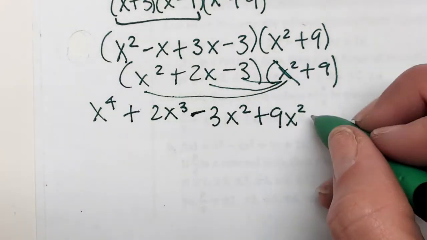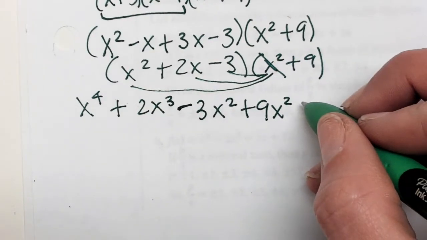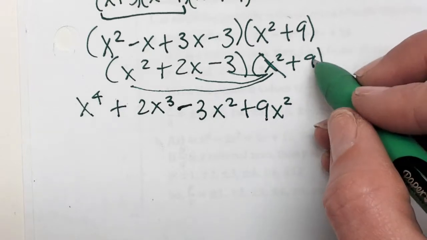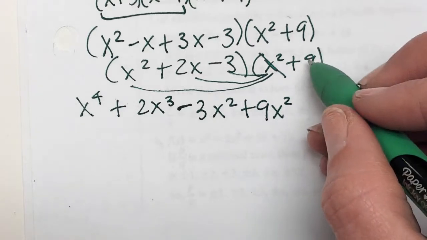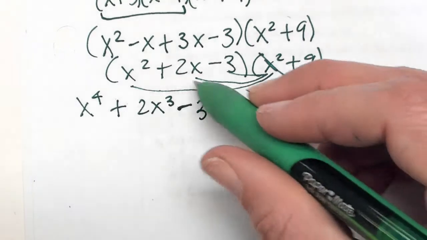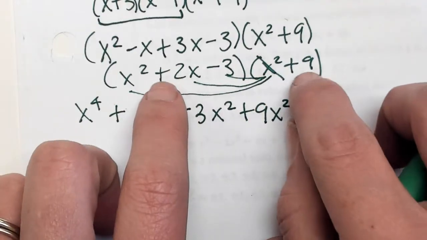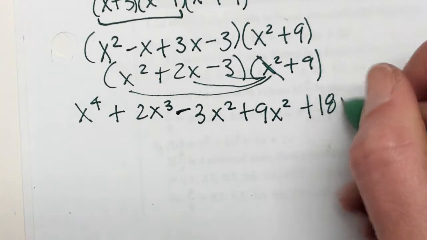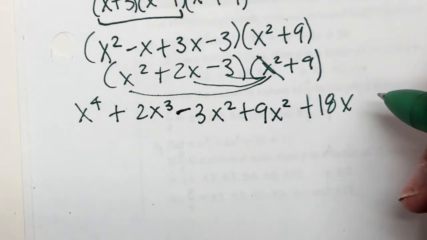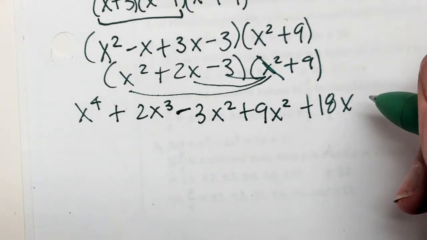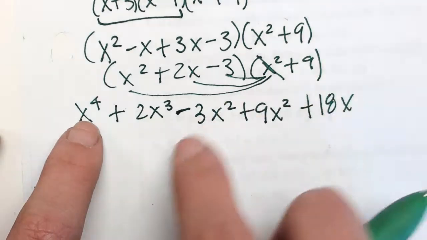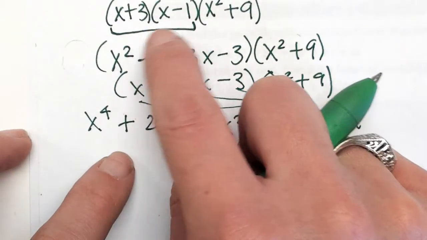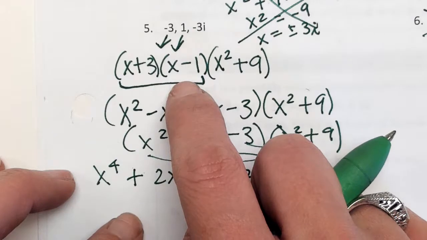Ariana, tell me the next term. 9 times 2x. Remember, it's 9 times a positive 2x. 18x. Good. Which one? On the very first part, where did you get negative x from? Yeah, it's negative x.